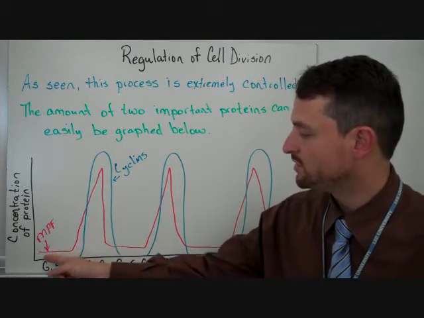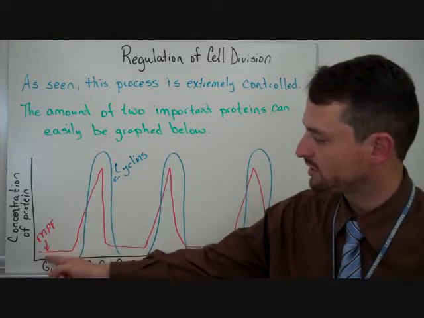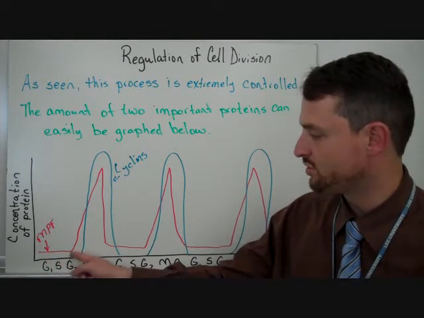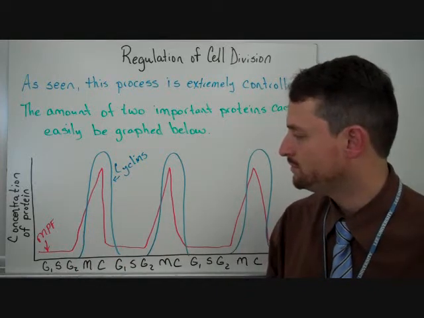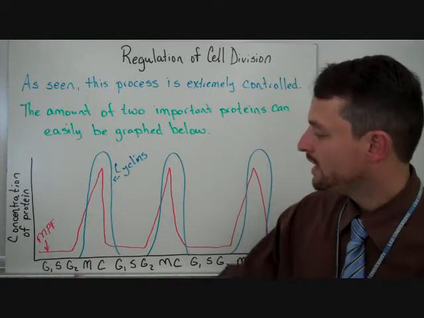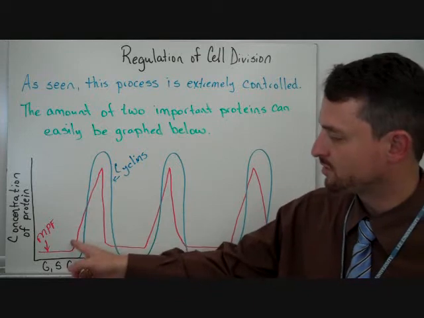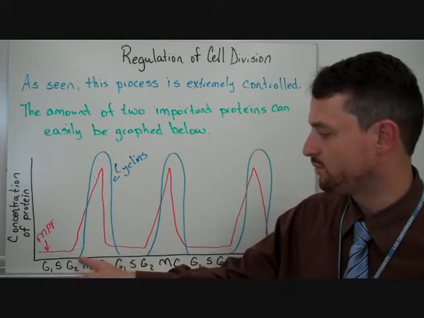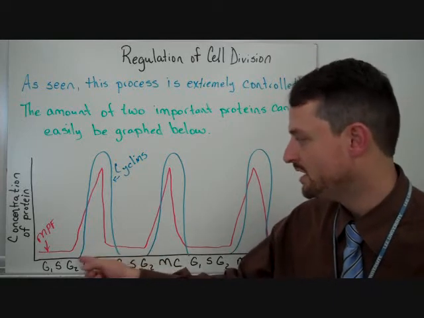As you can see, mitosis promoting factor has a very low concentration through G1, S, and G2. At the end of G2, remember, go back to the couple slides and you'll see where the mitosis promoting factor is. In G2, you start to get an increase of mitosis promoting factor. When that begins to increase, we notice that that's also when cyclins begin to become prevalent and increase.